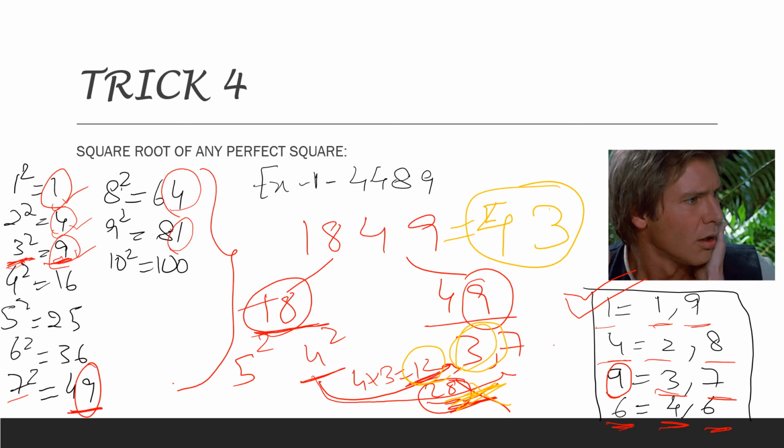So that's how you find the square roots of any perfect square. Next we'll go to the next trick. Trick 5 is to find the square of any number ending with the digit 5. Let's take the example 25 whole square. As you see, in the units place, 5 is the number. To find the square of it, normally we do 25 into 25.